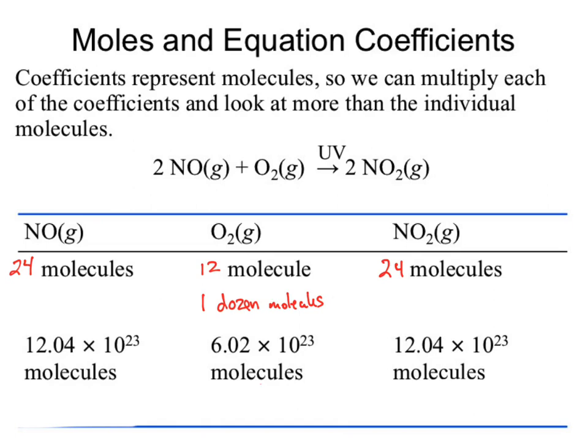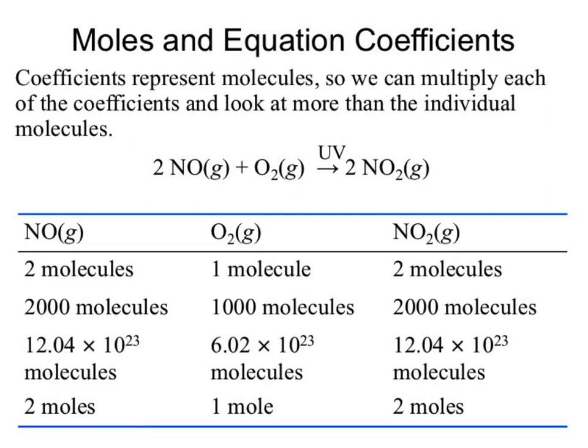We invented the word a dozen to represent 12. 6.022 times 10 to the 23rd is many orders of magnitude higher than that. Our brain can't comprehend that number so much that we invent a unit to represent it. That unit that we pick, 1 mole. Now everything becomes clean and easy.